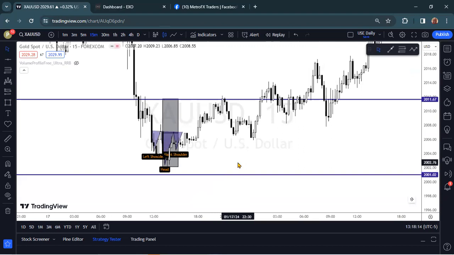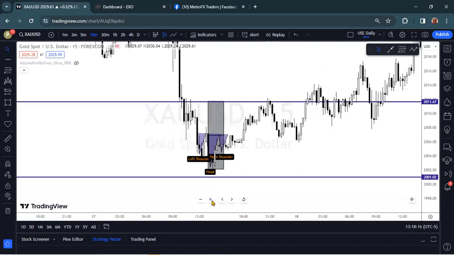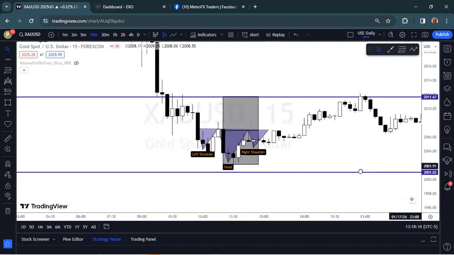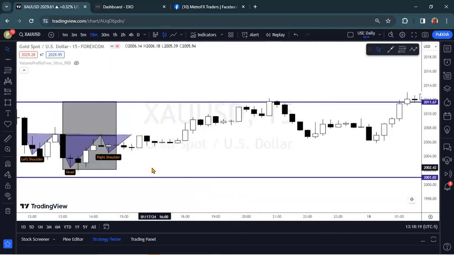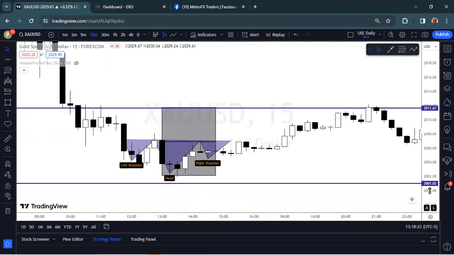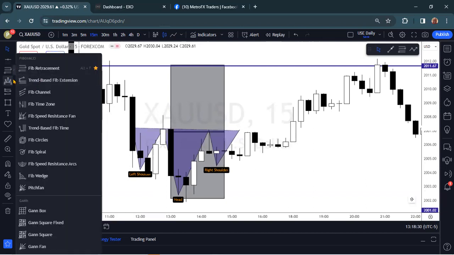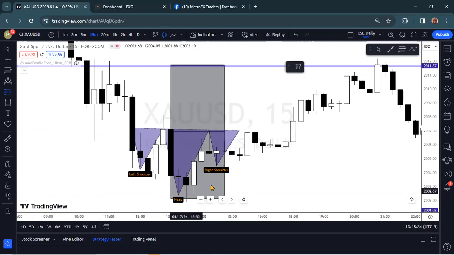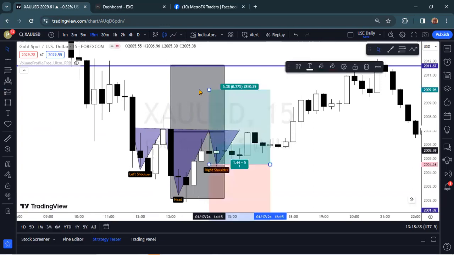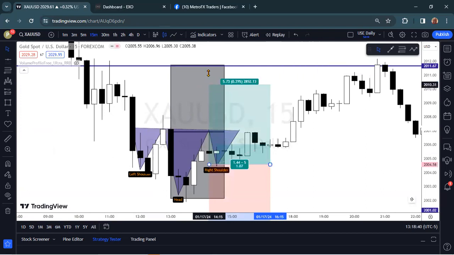All right, inverted. But then we take our long position. Let's say we entered here, pull this all the way up here.